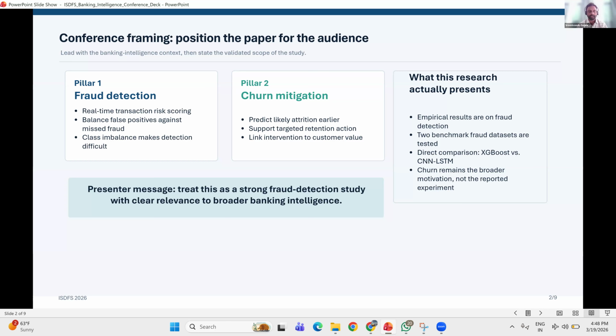Before I go into pillar one and pillar two, I'll give a brief introduction about myself. I have been working for the last 15 years on the banking and financial side. As part of that, I wanted to investigate what we can make better in terms of reducing frauds and churn mitigation.